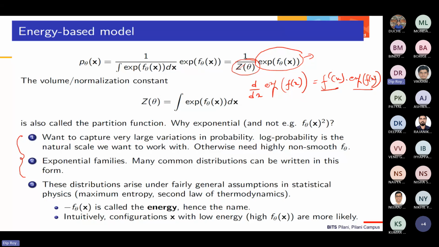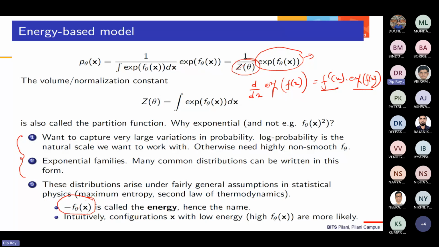That is the reason why this class of models is called energy-based models, because the function that the exponent takes will have a negative sign here.